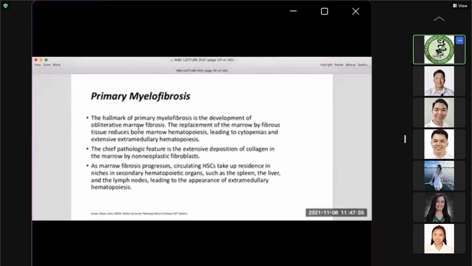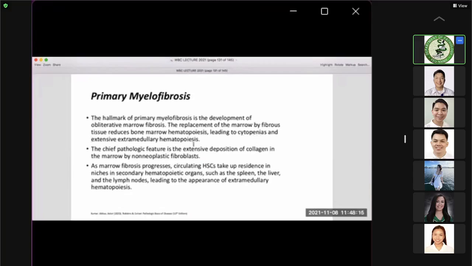Primary myelofibrosis. Okay, so the hallmark of primary myelofibrosis is the development of obliterative myelofibrosis. Replacement of the marrow by fibrous tissue, so hematopoiesis in the bone marrow is reduced. So eventually, cytopenia also.